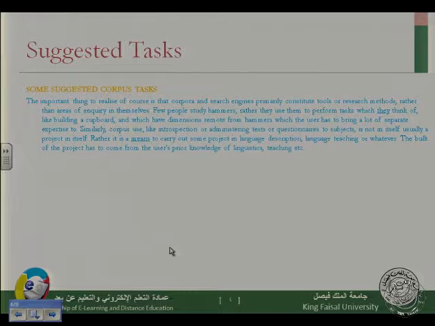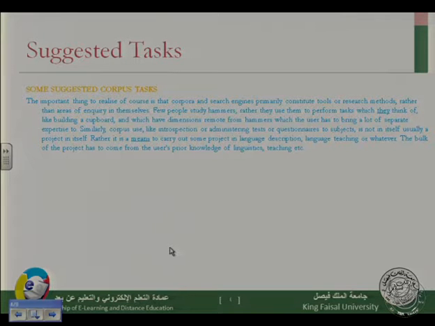This is very, very important. So creating a corpus is not in itself an introspection. It's about what you get from the corpus, and how you can get the information depending on your background knowledge of linguistics and expertise in language. If you don't have all of this background, you are not going to use anything from the corpus.